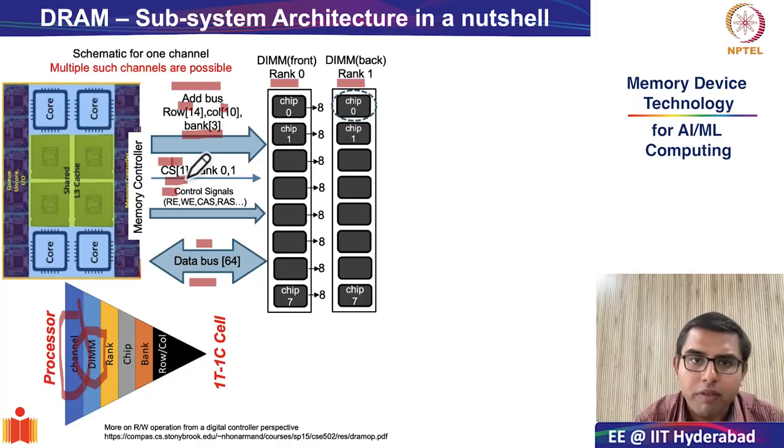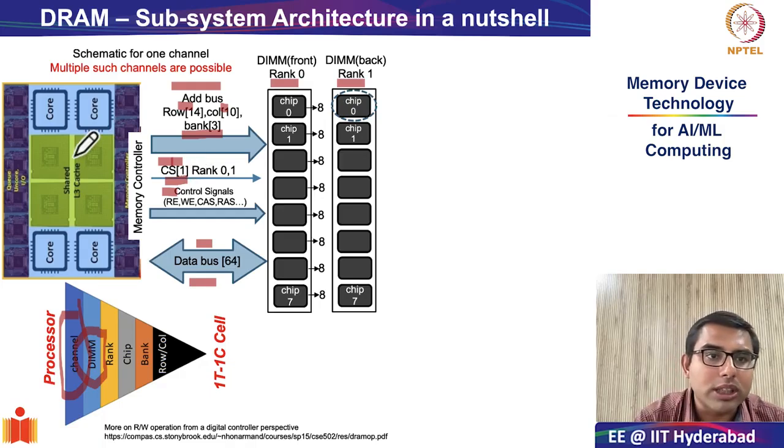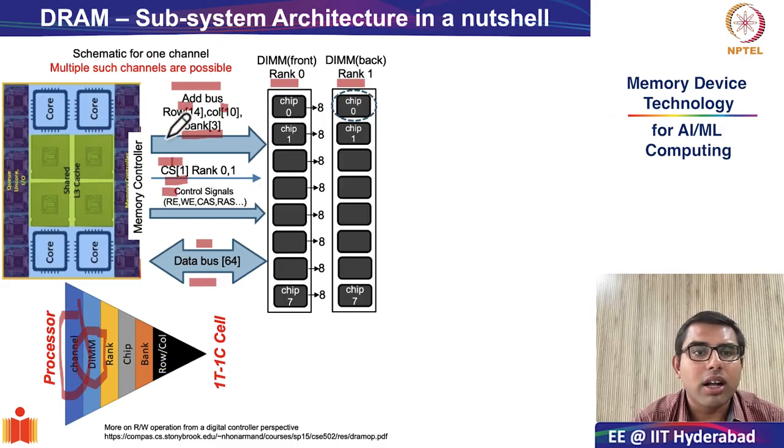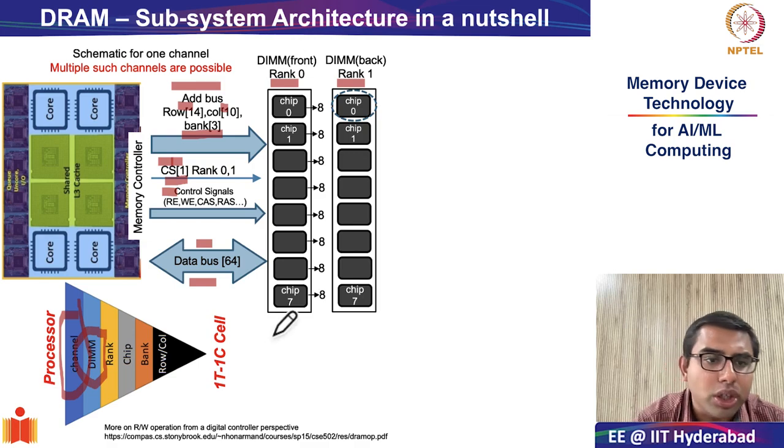If it's 4 ranks, the chip select will not have just 1 bit, but 2 bits, because 2 to the power of 2 is 4. Okay, so this is the essential communication between the CPU subsystem and the dual inline memory module, which constitutes the 2 ranks, through one of the channels.